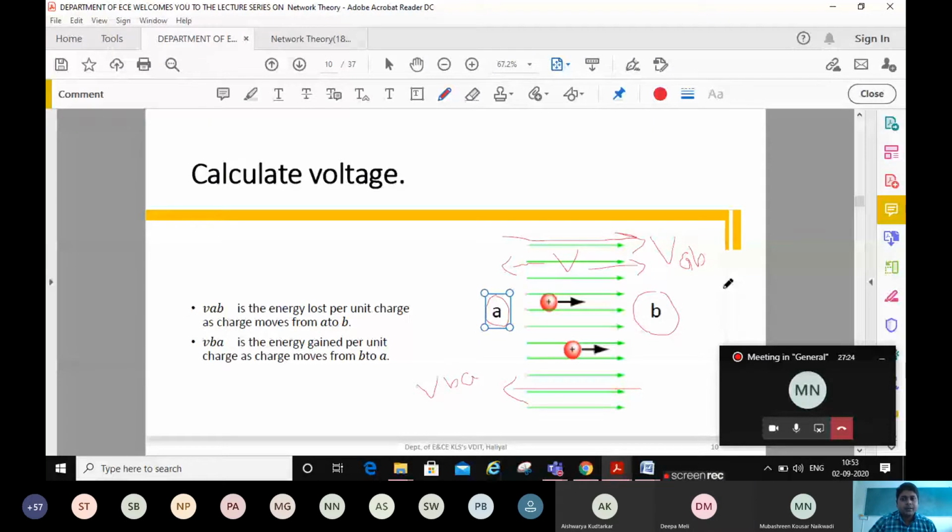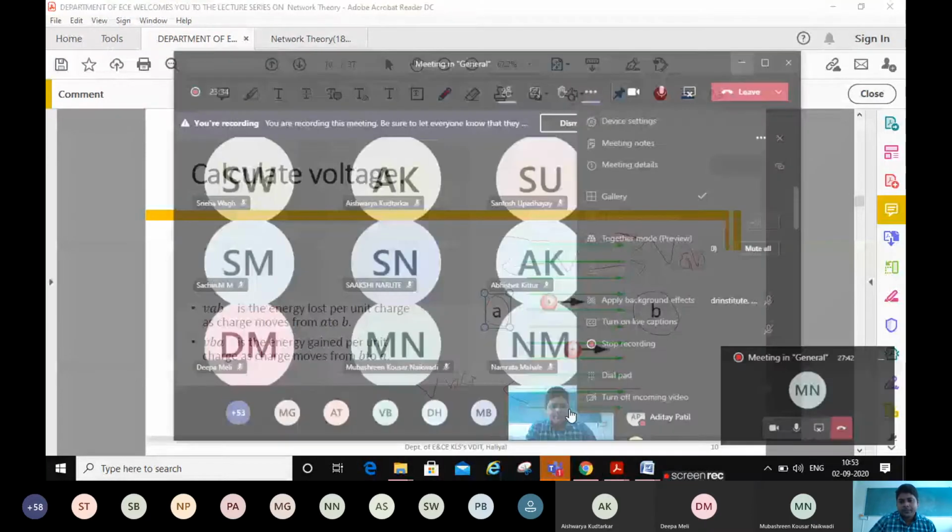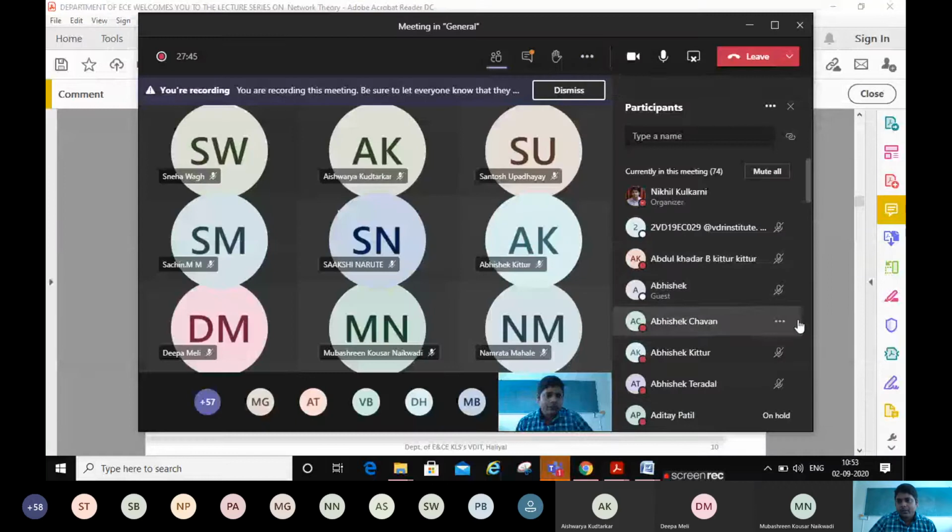We know already the direction of the charge and the direction of the field. If they are in the same direction, the charges will lose energy, right? If they are in opposite directions, they will gain energy. So please, can anyone tell here?